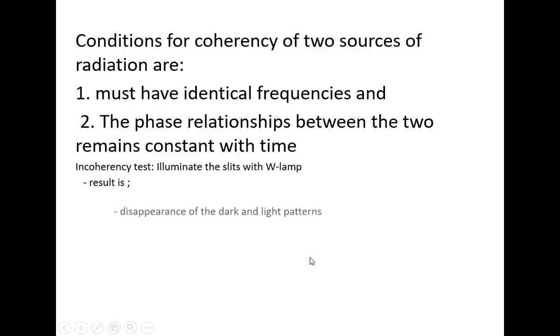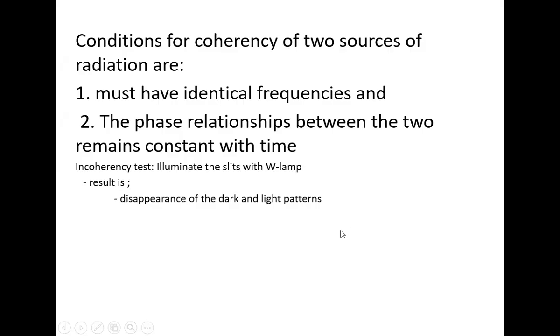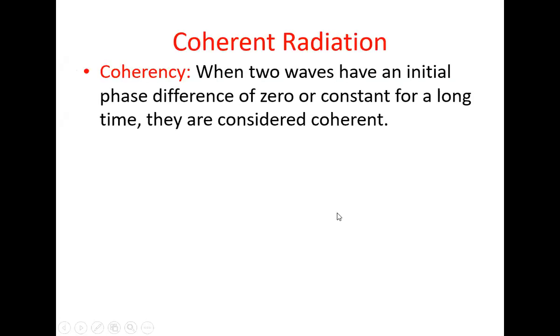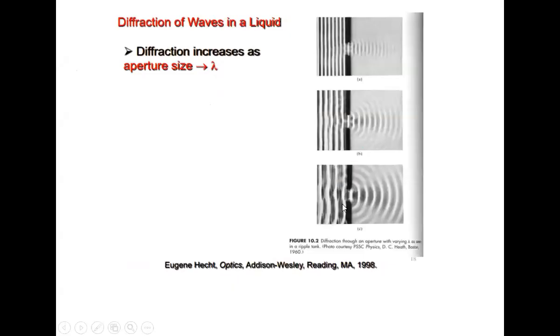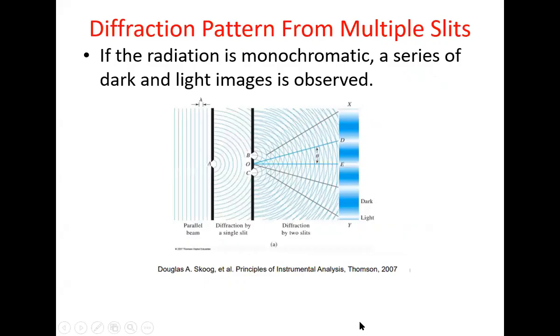And what are the results? The results: the disappearance of the dark and light patterns. Remember, there are the dark and light patterns. Can I move back so as to emphasize this a minute? You see here, we talked about this. Notice that you have the dark spots and the light spots, all right?